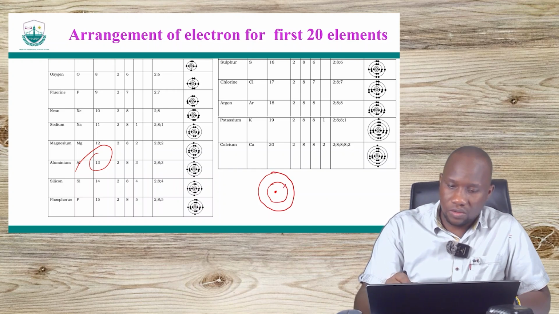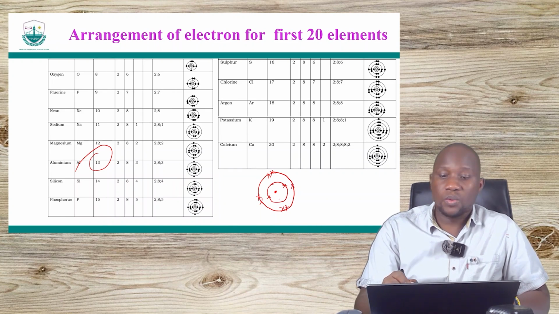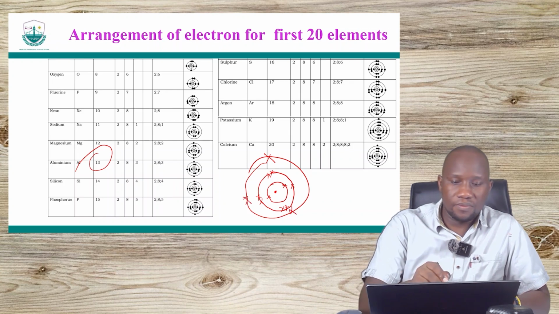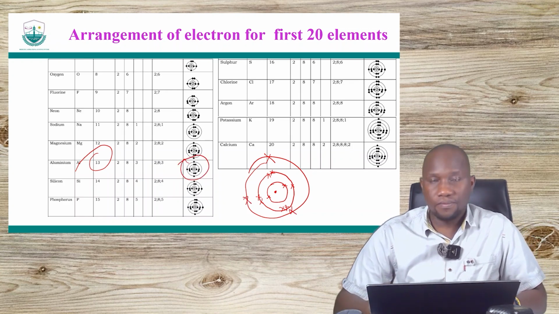So you put your electrons, 2 maximum here, another 8, so we have 10 already. So the outermost should take 3. 1 there, 1 here, 1 there. And that's what you have there.